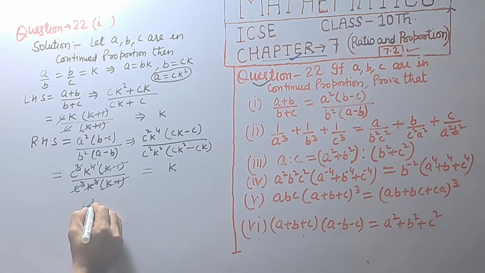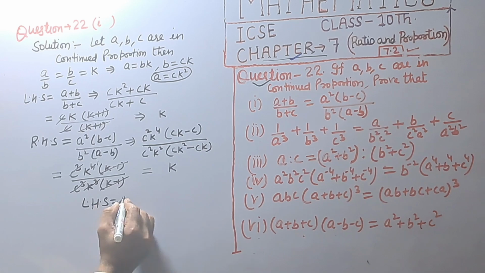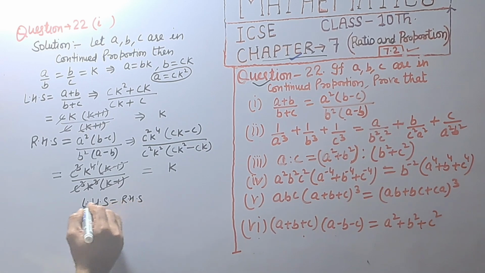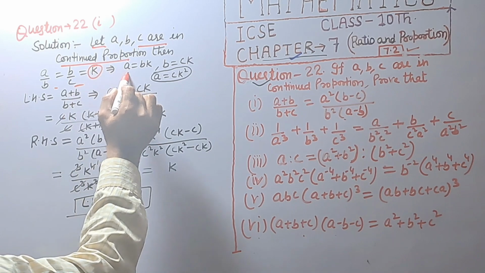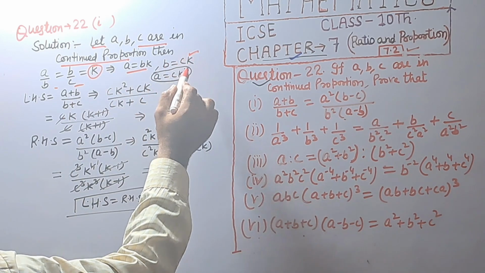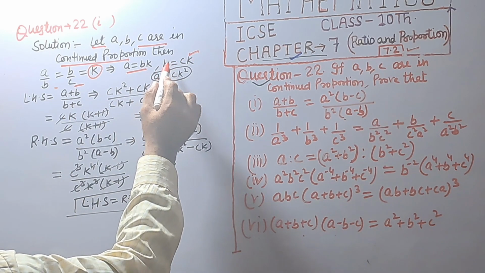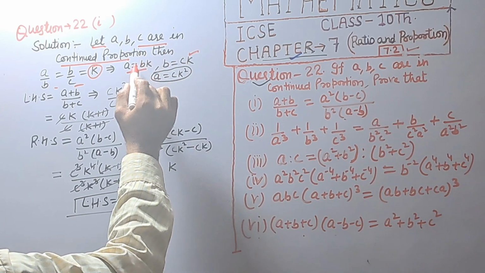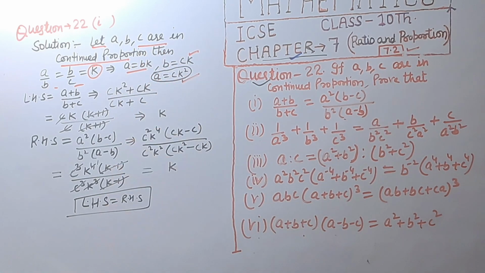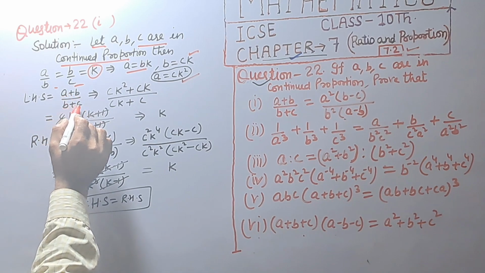So left hand side is equal to right hand side equal to K. A equal to BK, B is equal to CK, and we are putting B as CK here, then we get the value of A equal to CK raised to power 2. Left hand side is (A plus B) upon (B plus C).